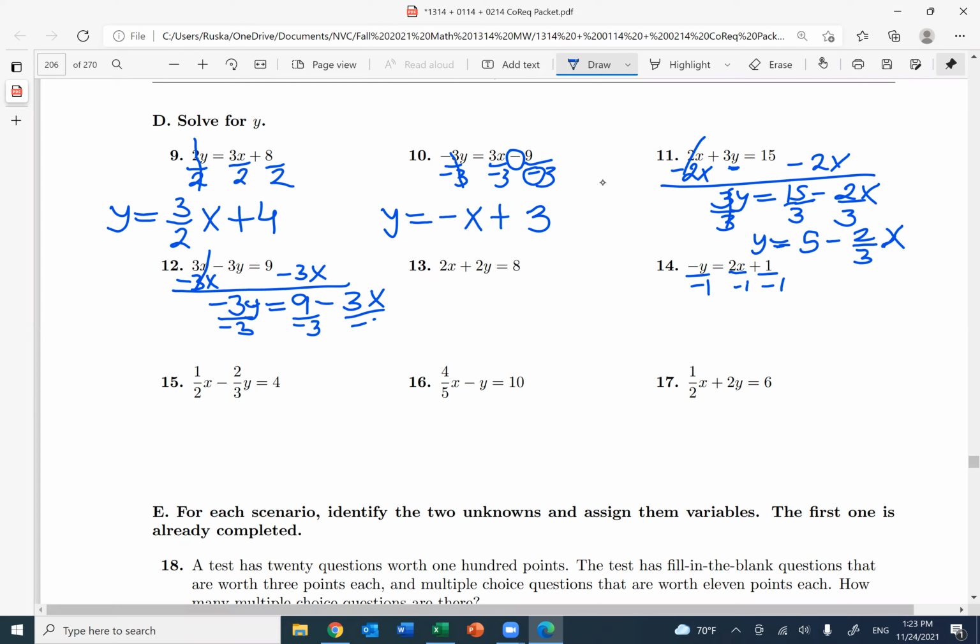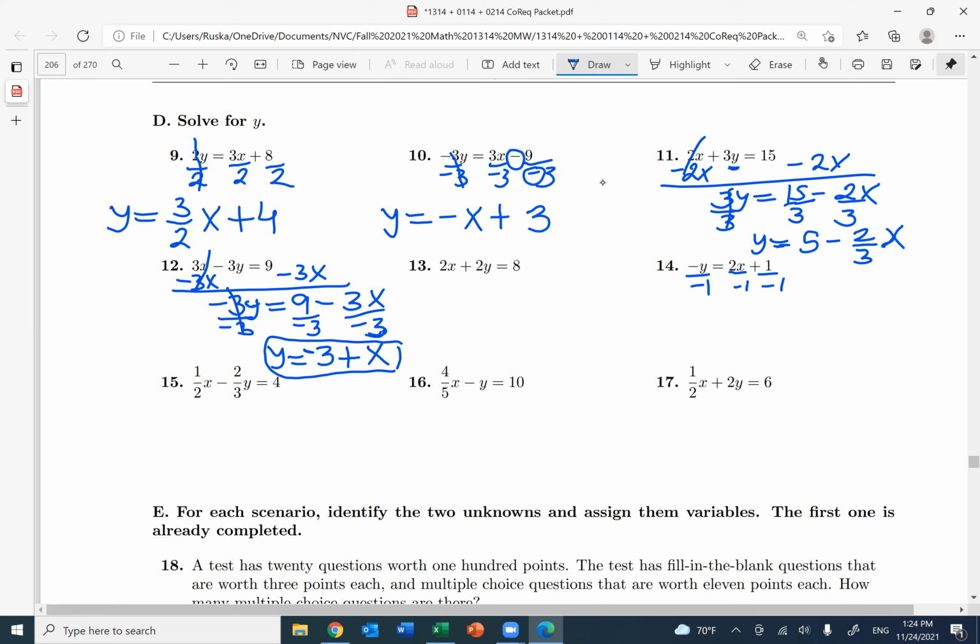So we're going to get y equals negative 3 plus 1x, just x. Or you can write it like x minus 3, doesn't matter which one is first.